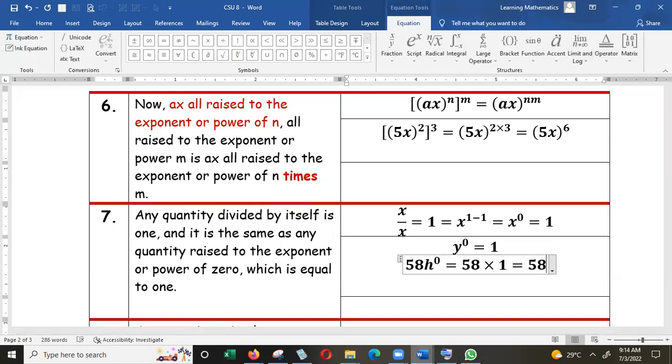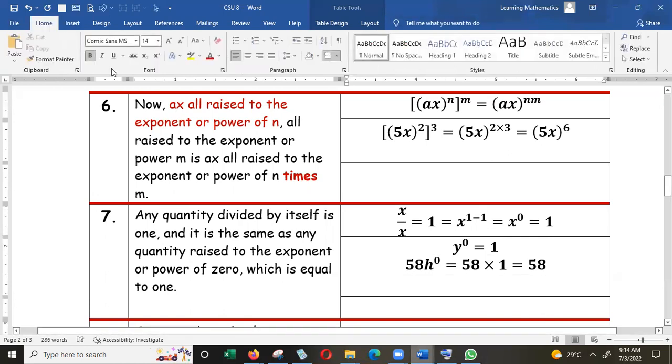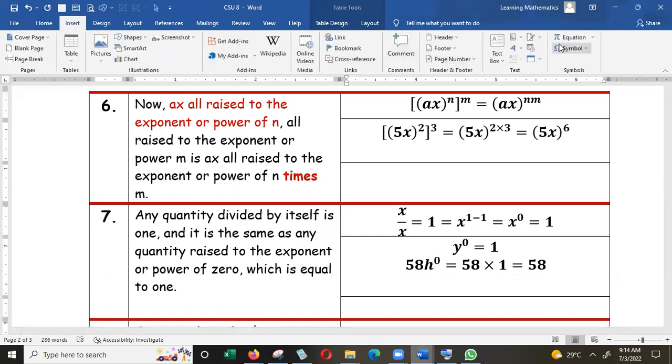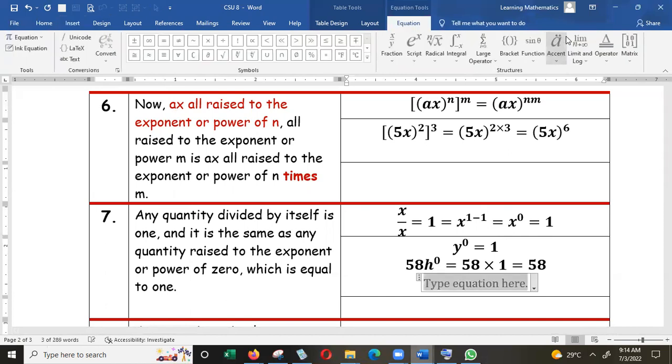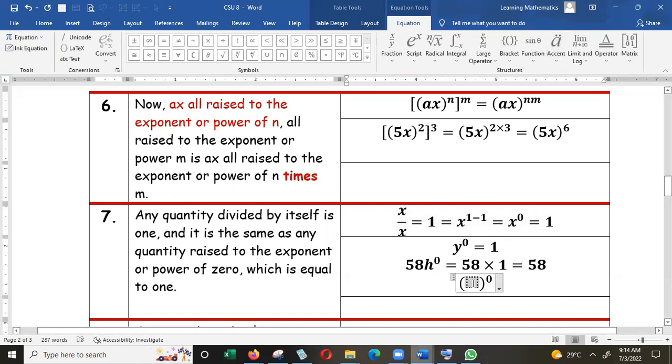So just remember, any quantity raised to the power of 0 is equal to 1. Any quantity. If you have a quantity and it is raised to the 0, we could put any quantity there.